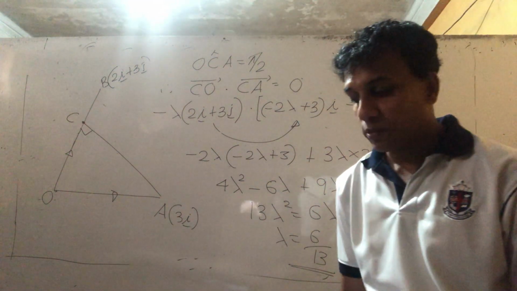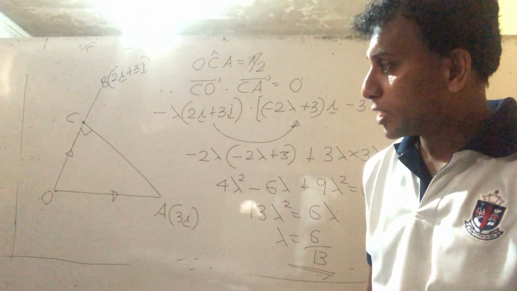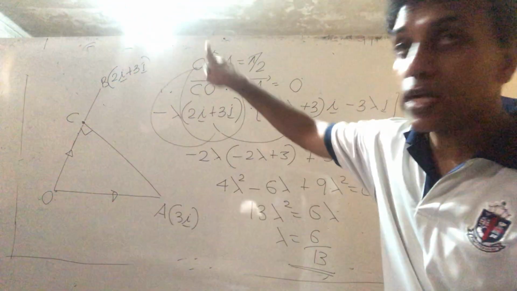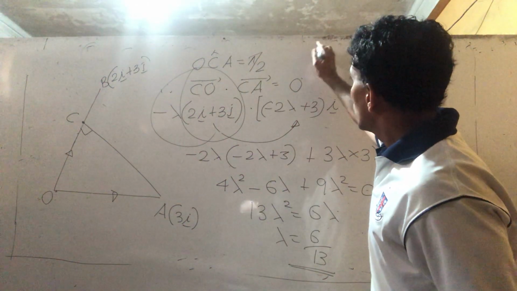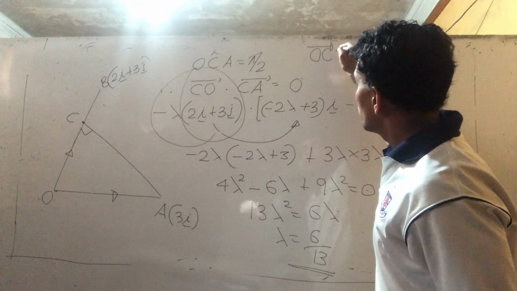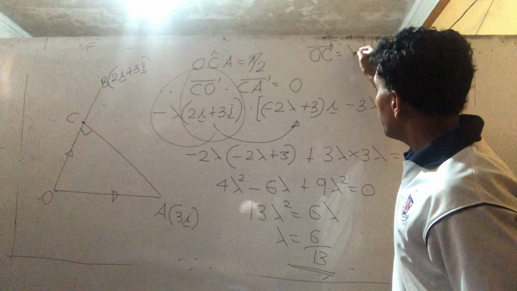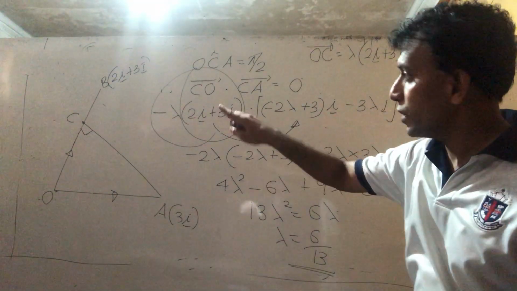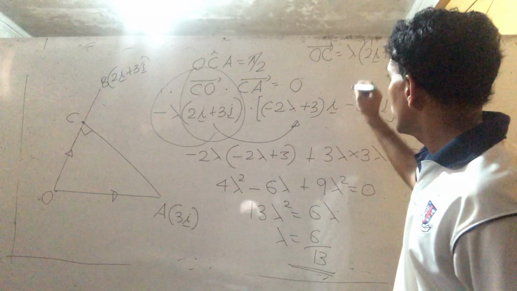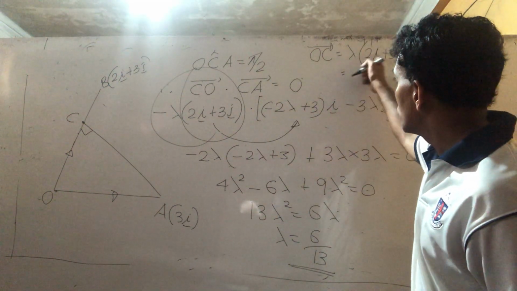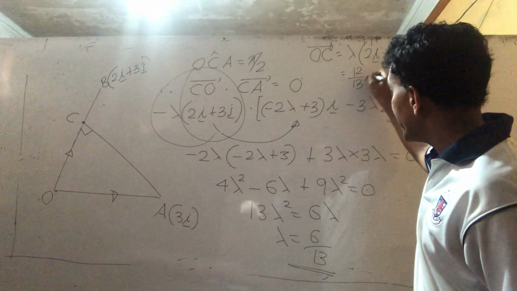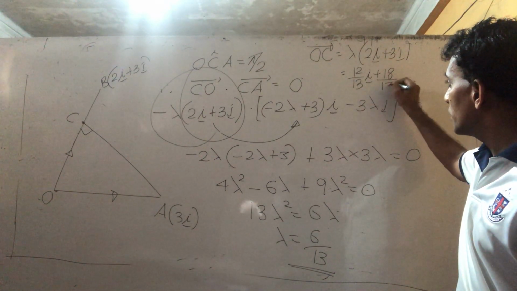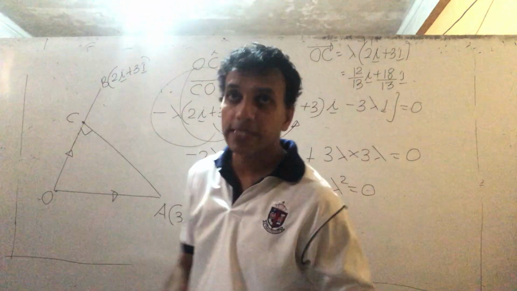So what is the question? Find the position vector of C with respect to the origin O. We have vector OC equal to lambda into (2i plus 3j). With lambda 6 over 13, OC is 12 over 13 i plus 18 over 13 j. That is the vector OC, the answer for that problem.